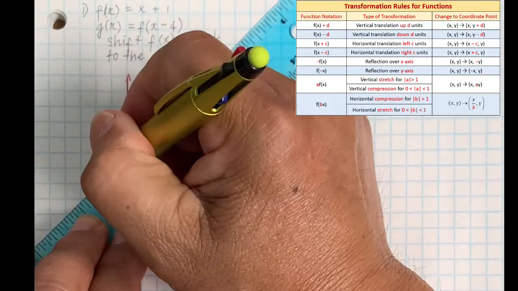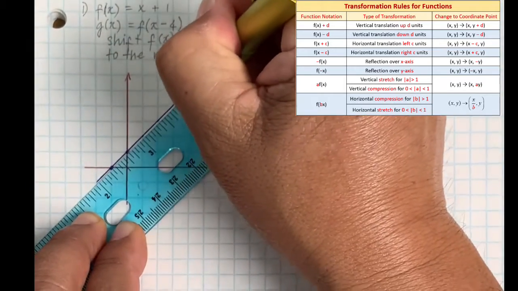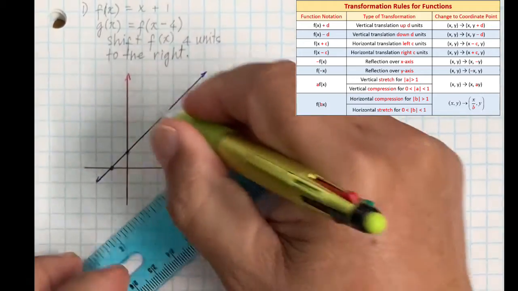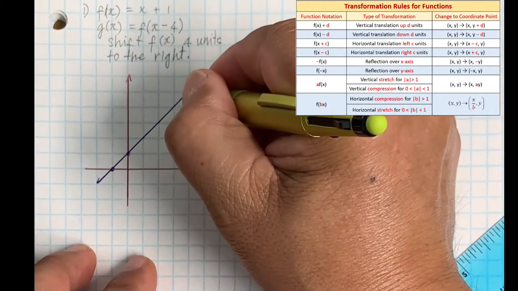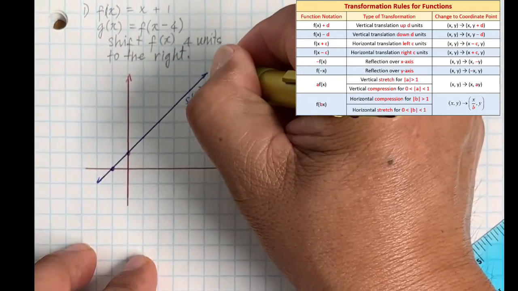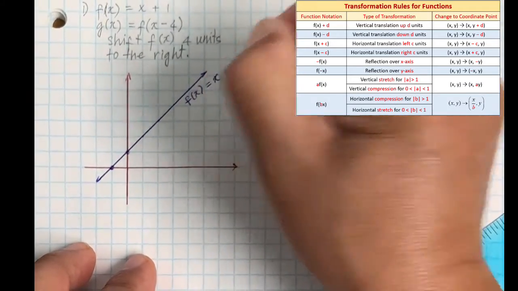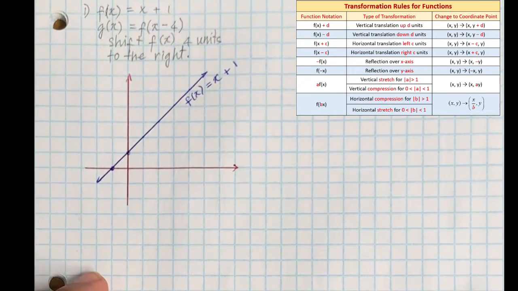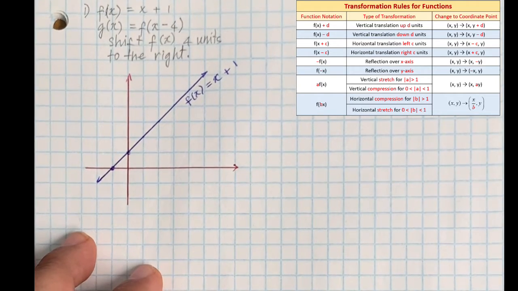So let's graph it in blue. So this one is the graph of f of x. So this is f of x equals x plus 1. Now we need to shift this graph 4 units to the right to make the graph of g of x.